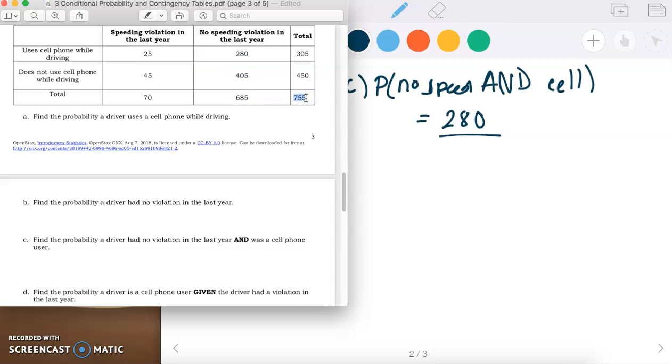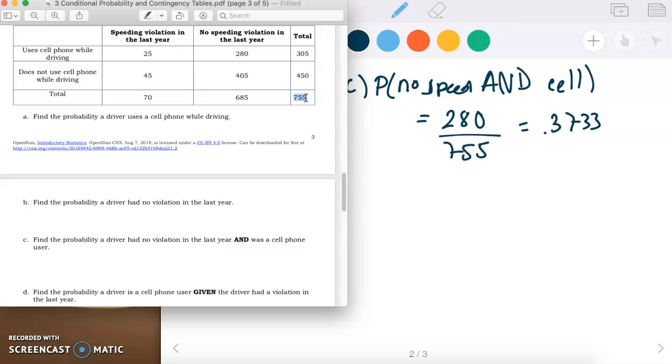If we were saying what's the probability that they used a cell phone given something, then we would be looking in a different area for the bottom number. But in this case, we're not. We want to know what's the probability that both these things are true out of the total number of drivers. So it's out of 755. When we do that in the calculator, we get 0.3733. So that probability is about 0.3733.